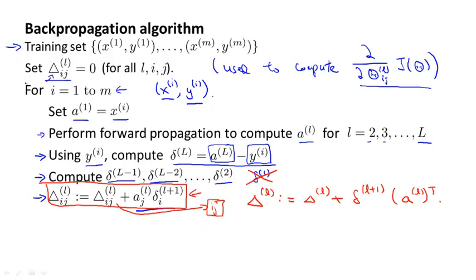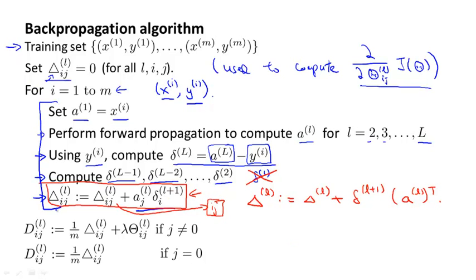Finally, after executing the body of the for loop, we go outside the for loop and compute capital D as follows. We have two separate cases, for j equals 0 and j not equal to 0. The case of j equals 0 corresponds to the bias term. So when j equals 0, that's why we're missing this extra regularization term.